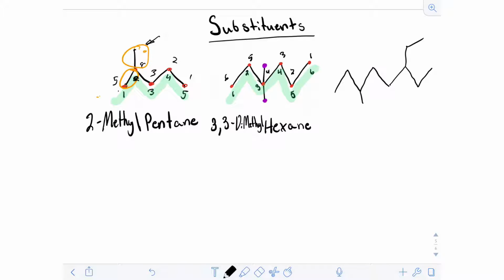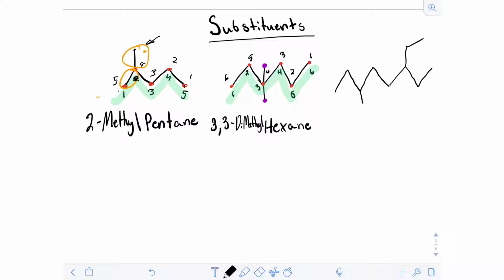You want to identify that it's 2 with the dimethyl. Whether it's dibutyl, diethyl, dipropyl, or difluoro, no matter what, if they're both found on the same carbon and it's the same substituent, like 2 methyls or 2 ethyls, you're always going to put that di in there, or even tri if it's there, like trimethyl.